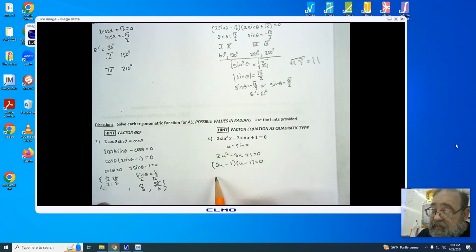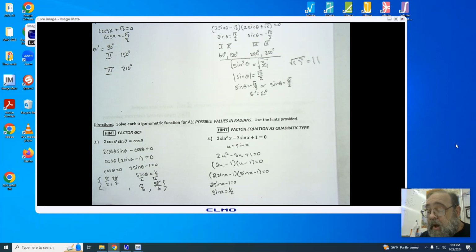I then back substitute to get 2 sine of x minus 1 times sine of x minus 1 equaling 0. This gives me 2 sine of x minus 1 equaling 0, so that sine of x is equal to 1/2.